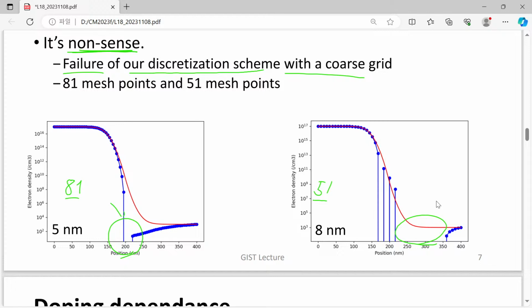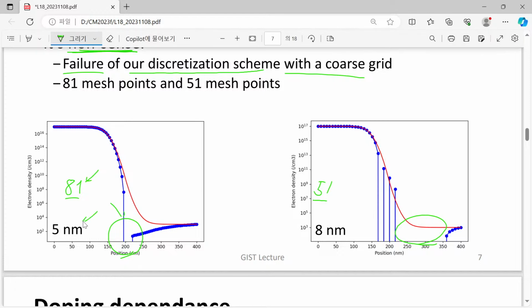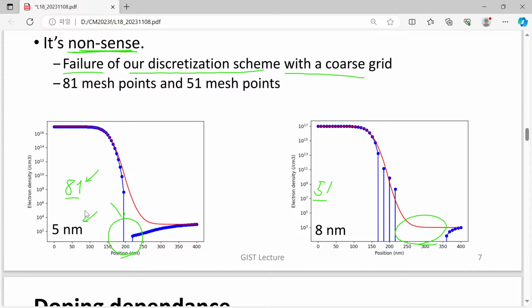So simply speaking, the number of points or the spacing is the key point to determine whether our simulation fails or not. Okay, do you have any question on these graphs?